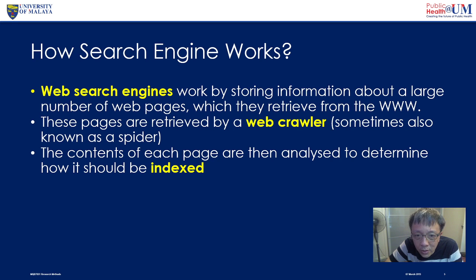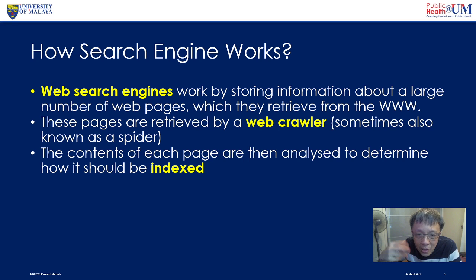So how does a search engine work? Let's say how Google works. Google is a web search engine. They work by using a web crawler, sometimes called Spider, sometimes called Robot. Basically small programs that go and crawl through the websites to find keywords, to find information.